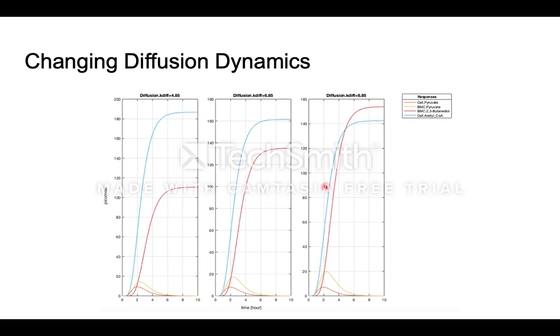Now, one thing I wanted to look at because of those results was the changing of diffusion into the BMC. And as expected, increasing the diffusion rate drastically increases the rate of butanediol synthesis. As you can see here, butanediol synthesis is drastically increasing, close to 40 or 30%, I would say, increase in butanediol synthesis.